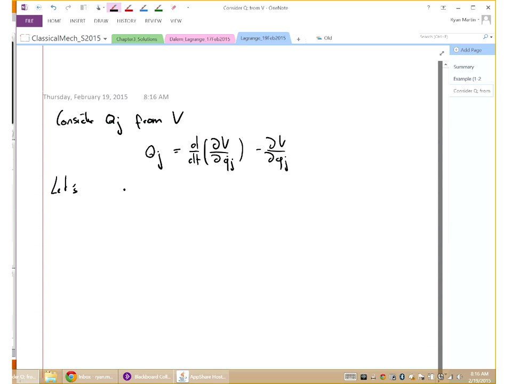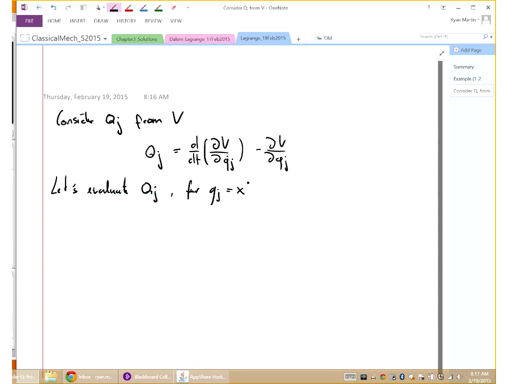And so let's do this. Let's evaluate Qj, or capital Qj, for the degree of freedom qj, lowercase qj, equal to x. Remember, the lowercase qj's in the equations are the degrees of freedom.